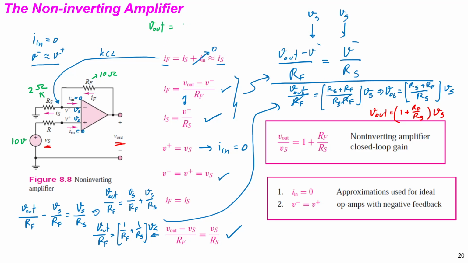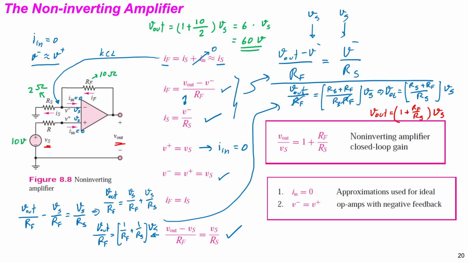Vout will be 1 plus RF by RS, into Vs, and it's equal to 6 into Vs. In this case it's 60 volt.